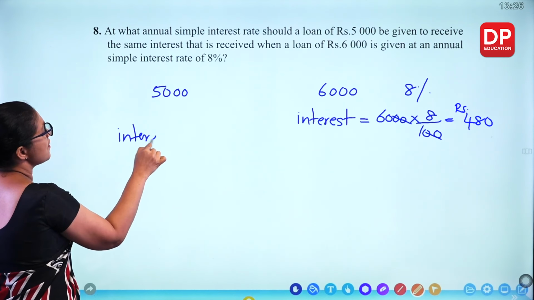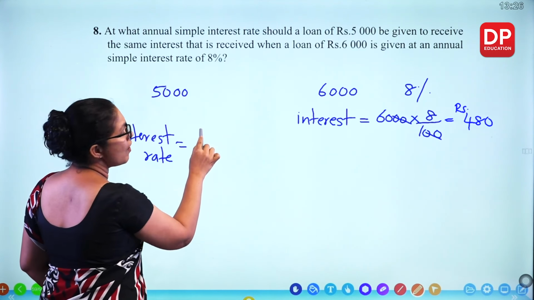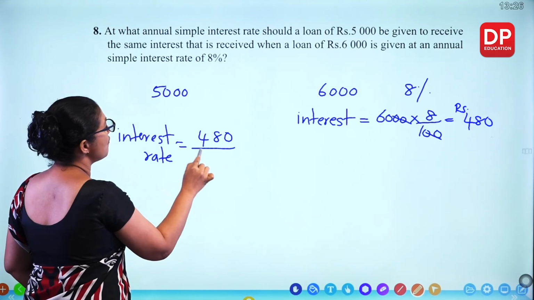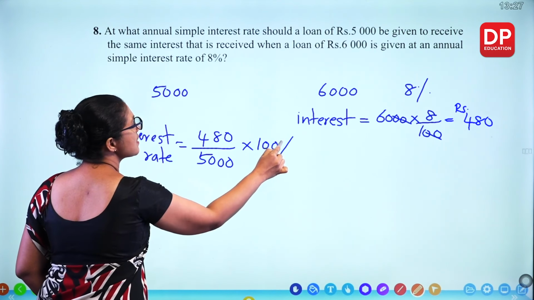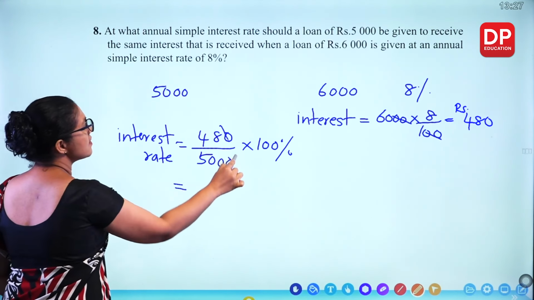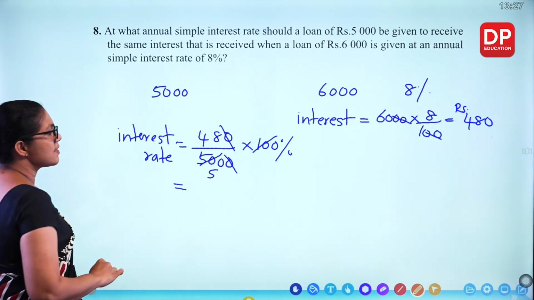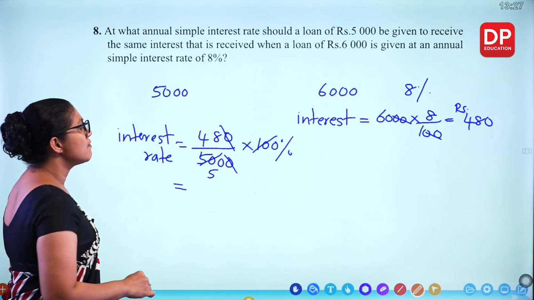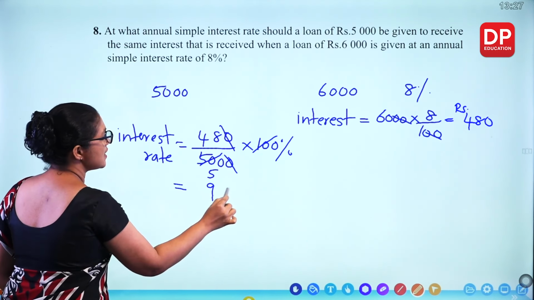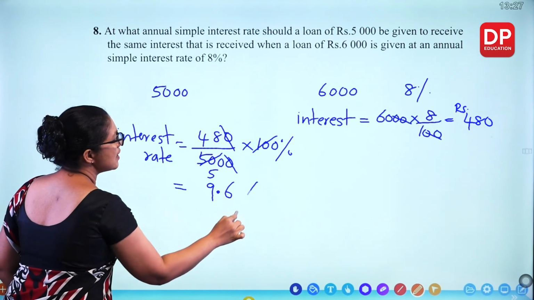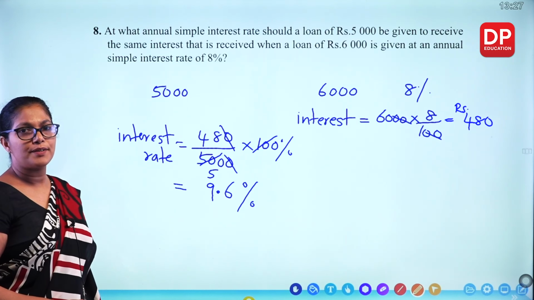So interest rate is 480 over 5,000 now into 100%. 0 get cancelled out. 100 and divided by this, you get 5. 48 divided by 5. 5 times 9, 45. For 30, that's 6. 9.6 as the percentage value.